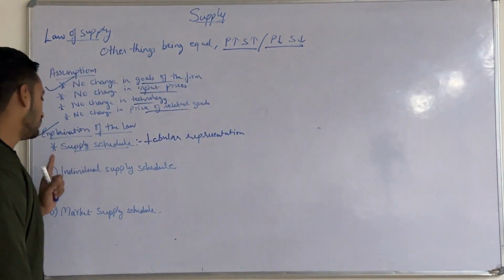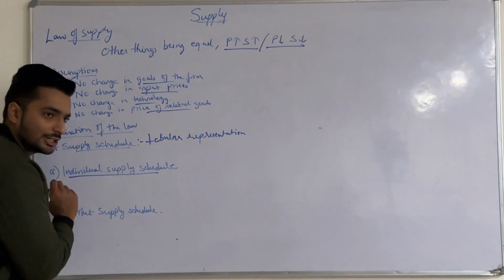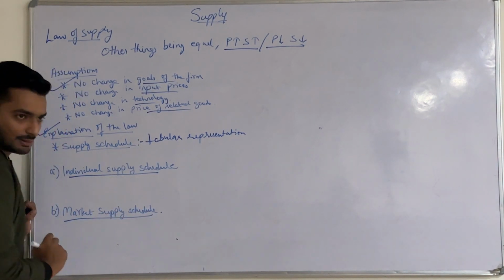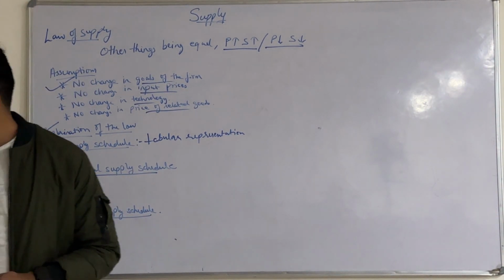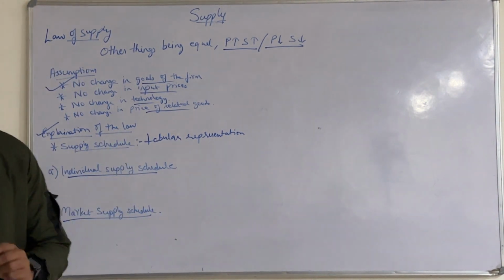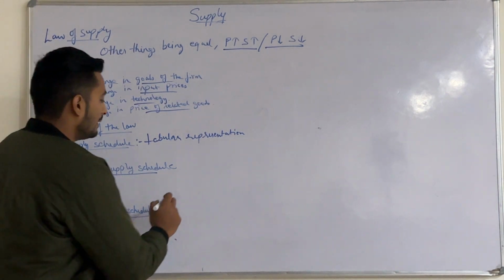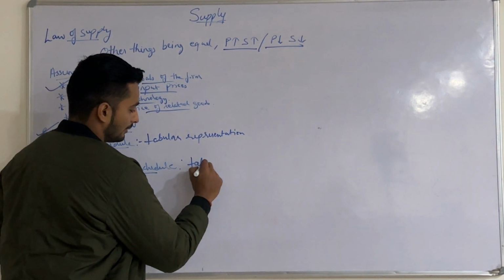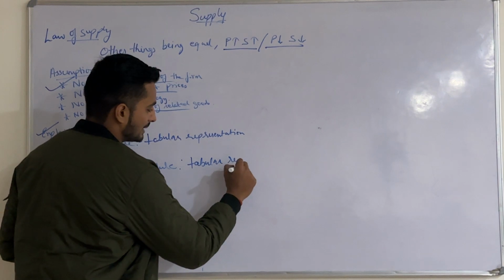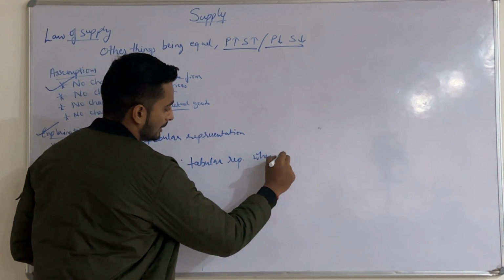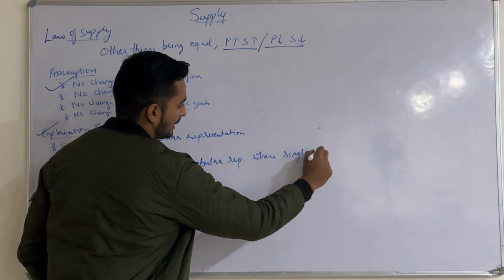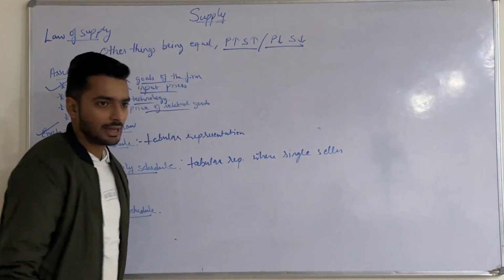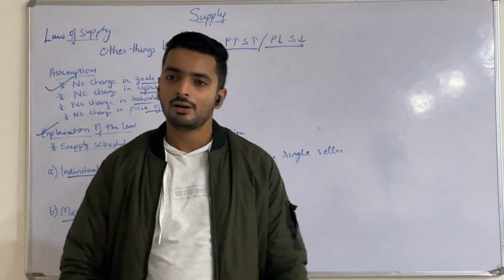It is of two types, that is individual supply schedule and market supply schedule. Individual supply schedule means a single seller's schedule. It shows a tabular representation where a single seller is willing to sell at a particular price during a period of time.